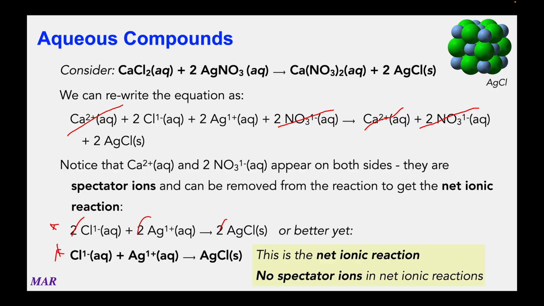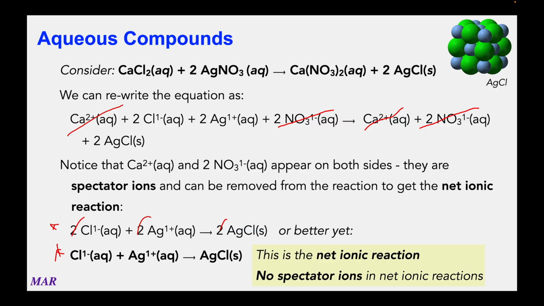We really only care about the chloride. We don't care what else is with the chloride, as long as it doesn't make solids, liquids, and gases anyway. The chloride is reacting with silver to make silver chloride. So when you have a reaction that doesn't have any spectators, you can really see what's happening. And in this reaction, it's all about making silver chloride solid, silver chloride as a precipitate.